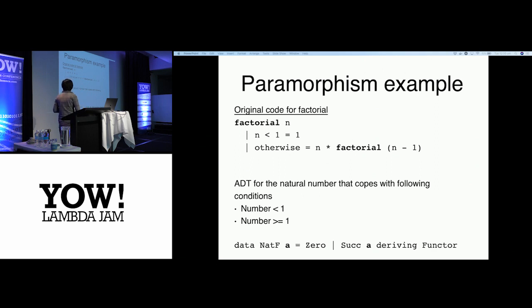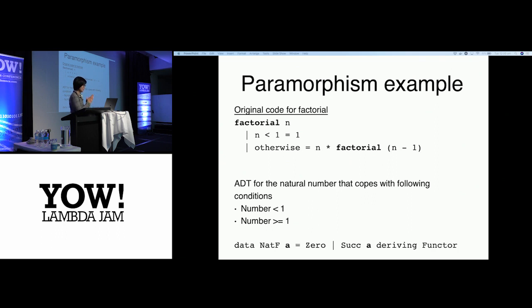And what are the conditions required? It is stated here already: n less than 1 or n bigger than 0. Therefore, I defined the algebraic data type, where the functor is called, I just call it NatF, and then pass in the carrier type A. And therefore, there are two conditions, either Zero or Succ A.